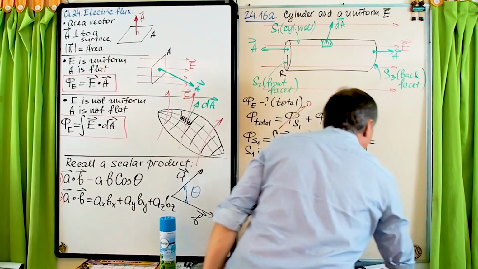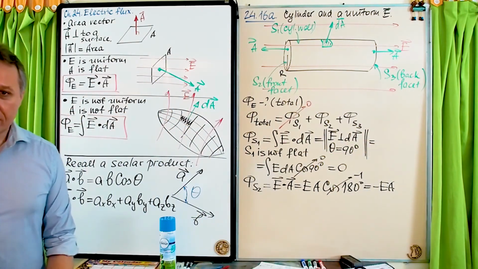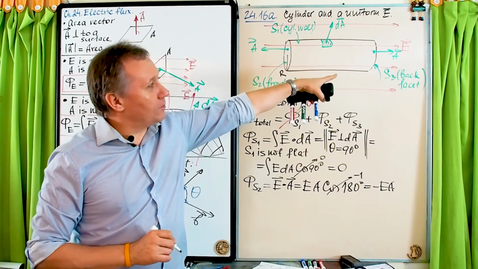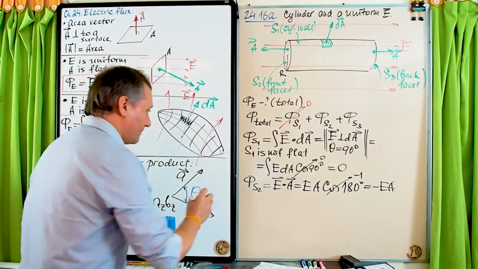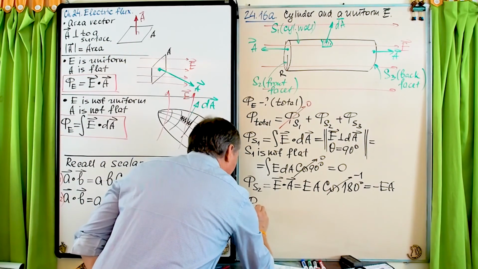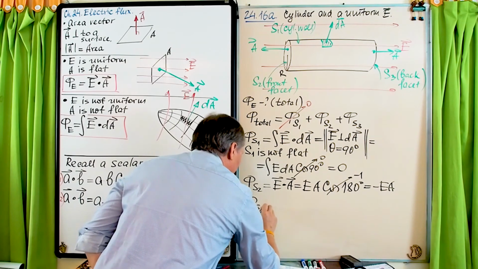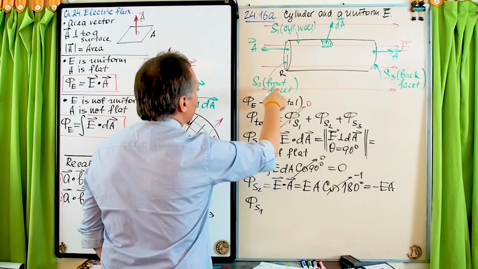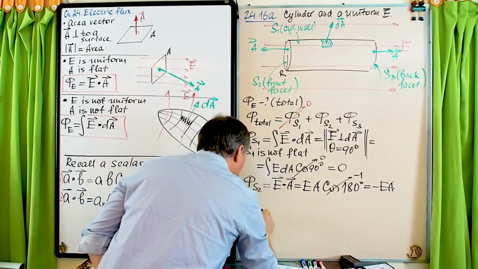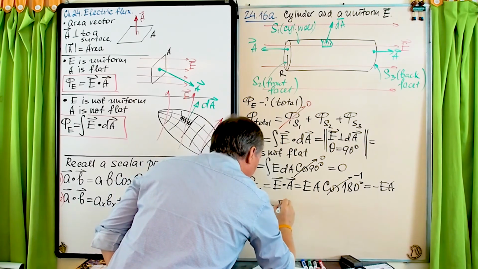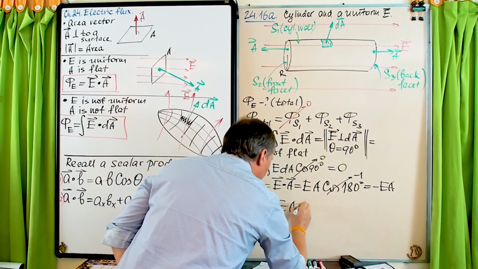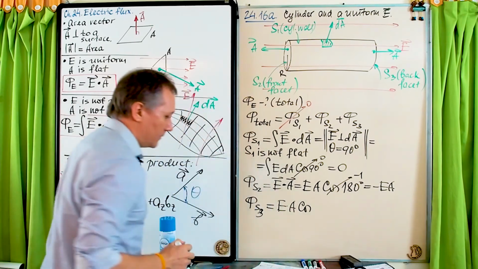The flux in terms of electric field and the area vector. And the flux through that back facet is exactly the same except for the angle. Actually, it's S3. It will be again EA and cosine.